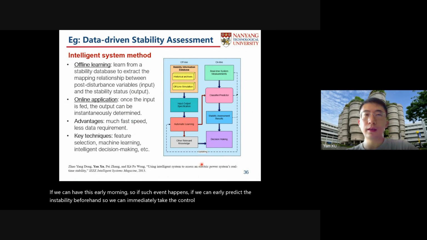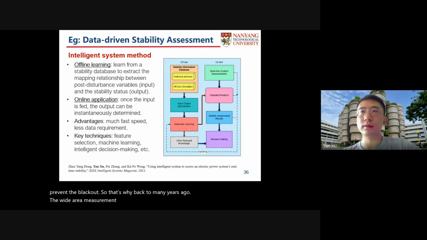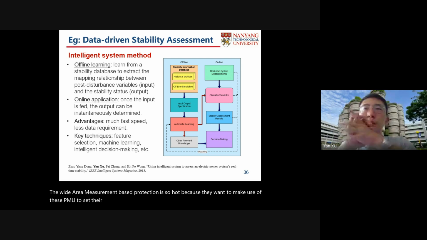We can immediately trigger the generator. We can shed the load. We can even separate the system so as to prevent the blackout. That's why, many years ago, wide area measurement-based protection was so hot, because they wanted to make use of PMU to set their protections and do their system controls.